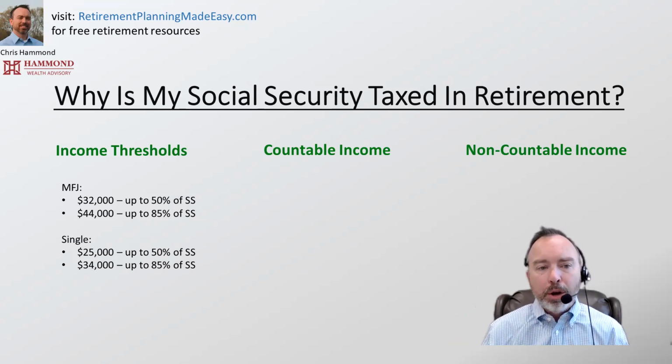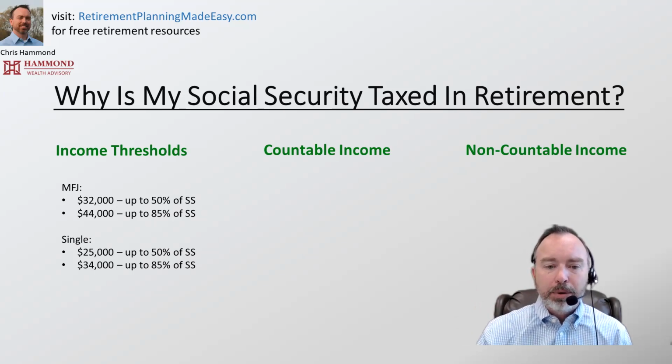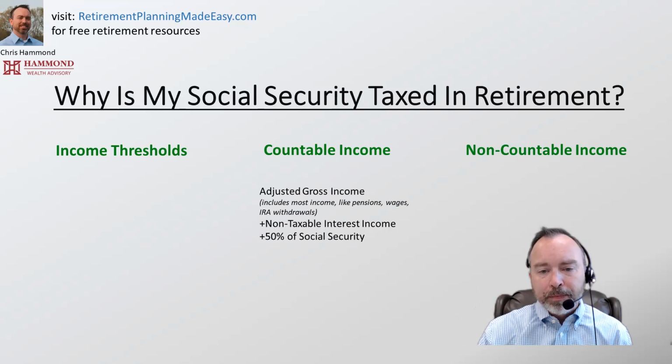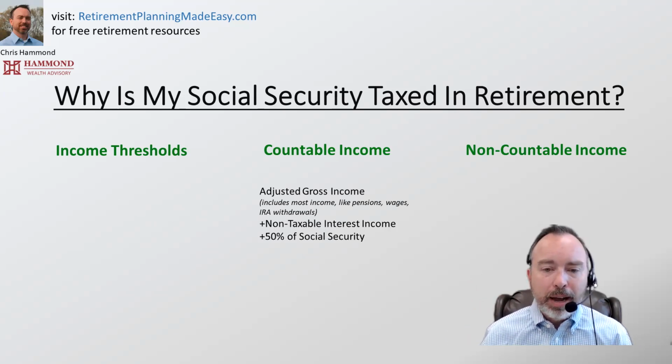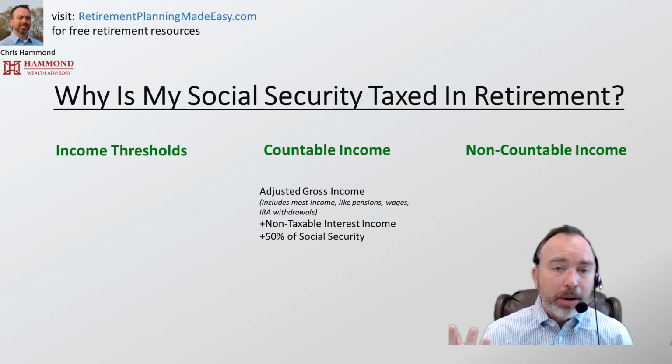Now, what goes into these numbers for these thresholds? What is the countable income? Well, it's first of all your adjusted gross income, and that's going to include most income that you have, like pensions, wages that you earn, IRA withdrawals.